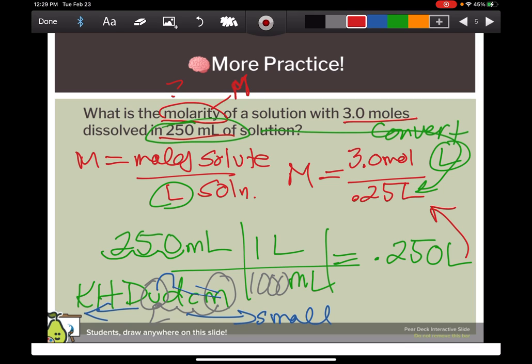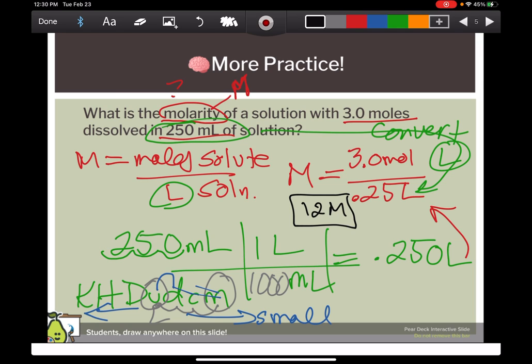So in order to find my molarity this time, I need to take 3 divided by 0.25 equals. And I hope you guys got your answer of 12 M, 12 molarity. That's a much stronger solution than the one we had previously, which was 1.2. The bigger the number, the more strength.